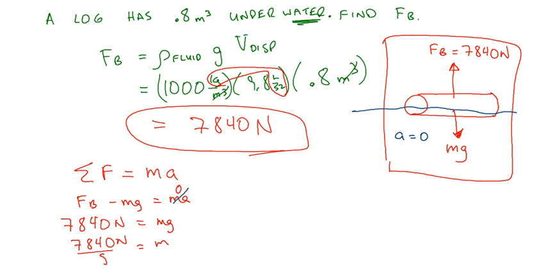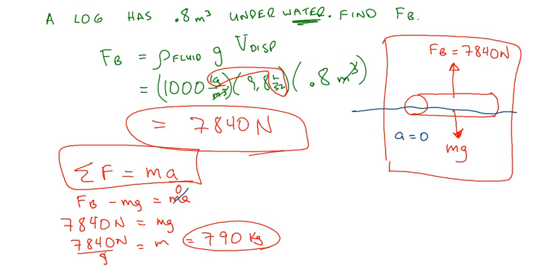So here I could say 7,840 newtons, divide that by 9.8, almost 10, somewhere around 780, let's call it 790 kilograms for the mass of my log. So these equations are really simple. We've done this over and over, but that's all you have to do for the buoyancy problems.